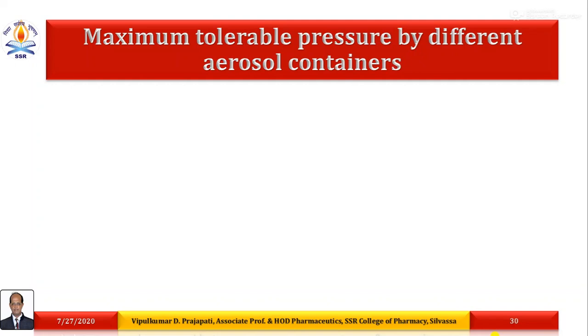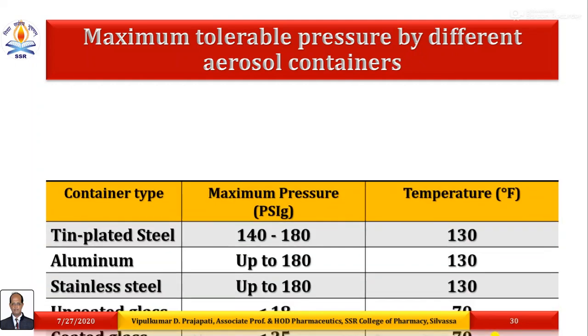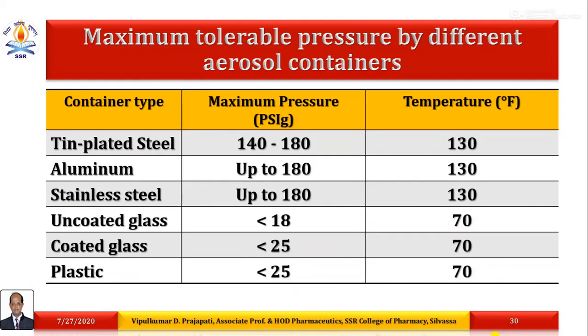The maximum tolerable pressure by different aerosol containers reported in different literatures is available in table form as the container type with maximum pressure in pounds per square inch gauge and temperature in degrees Fahrenheit.